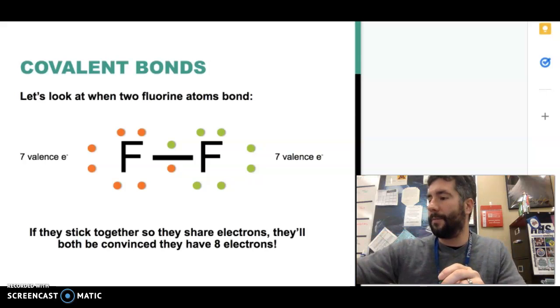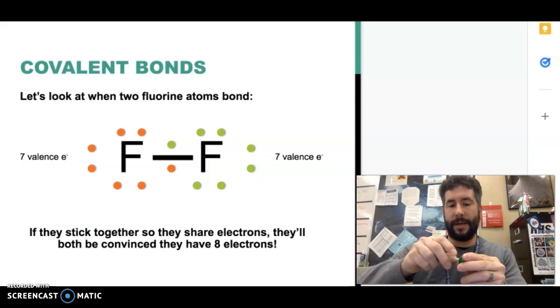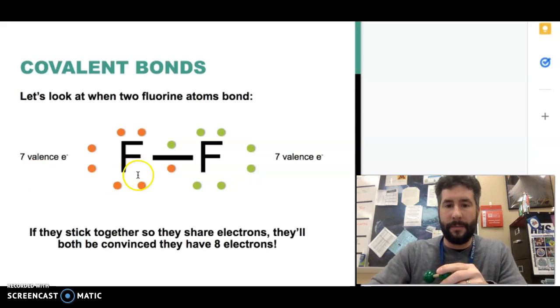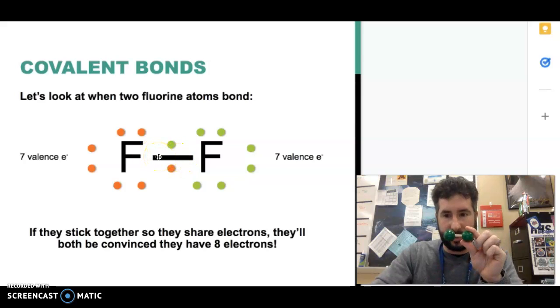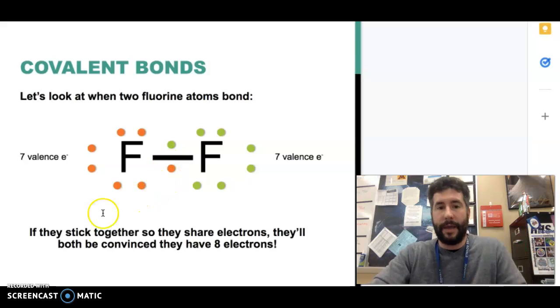And so we end up with a shared pair of electrons, which we're going to represent with that line. You can see here the orange and the green one are both trying to grab each other's electrons, and so the line represents a shared pair of electrons. That's why fluorine forms this diatomic molecule, F2.